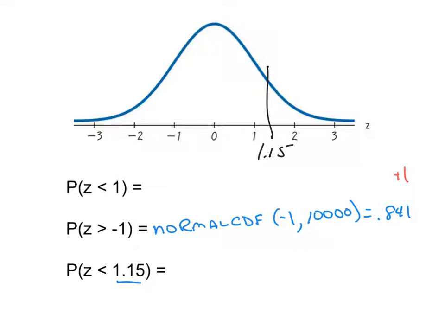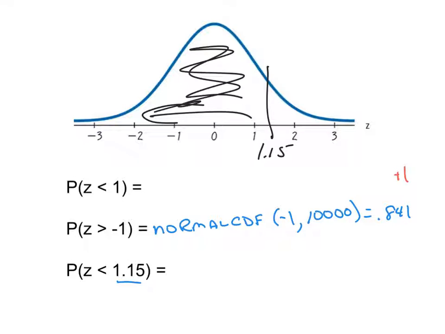But I want to talk about from there, and I want to go left. I just need to see that so I can see my left and right. So if I do my normal CDF, I'm going forever to the left. That's my negative 10,000. My rightmost limit is my 1.15. Do that on my calculator.